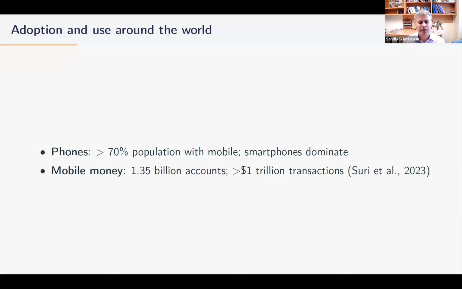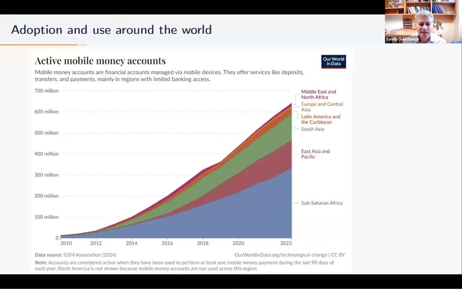So there are billions of accounts, and trillions of dollars in transactions through mobile money. And again, another chart from Our World in Data will show that most of this is happening in sub-Saharan Africa. This is really fantastic for many reasons, because when we think about development economics and technology, we often talk about leapfrogging, right?